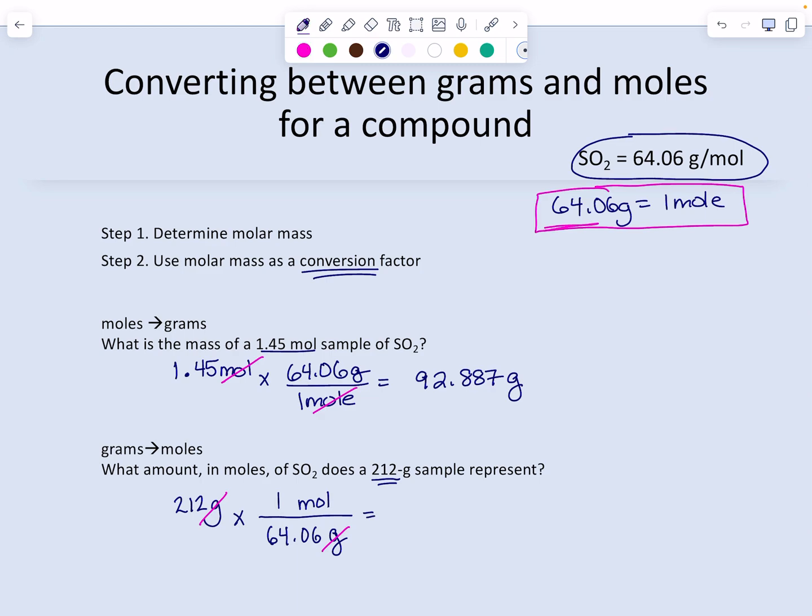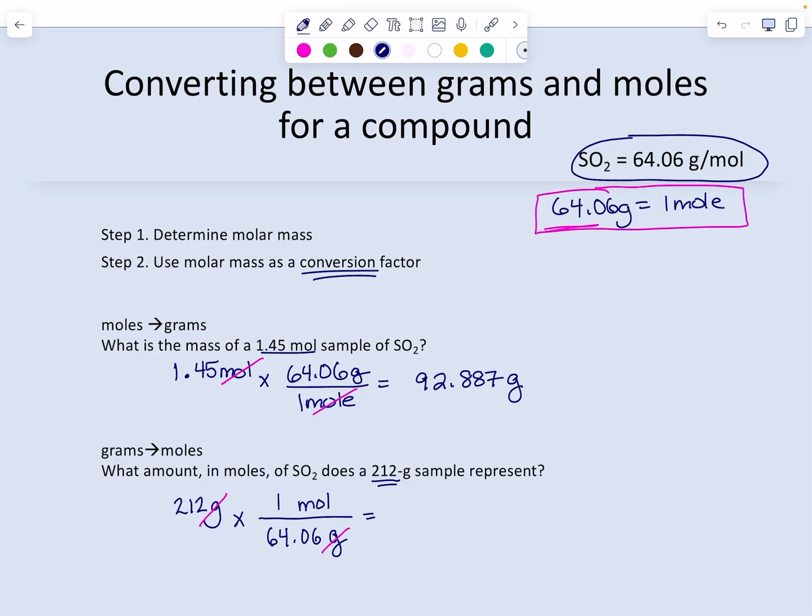And what does our number come out to be? 212 divided by 64.06 is 0.0156, hmm, and that's in units of moles.